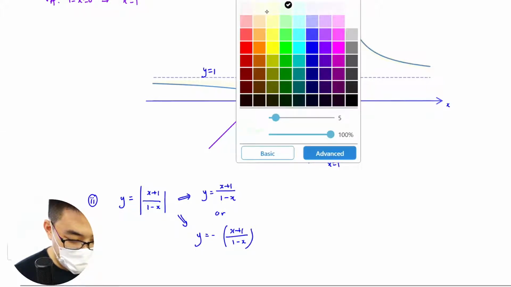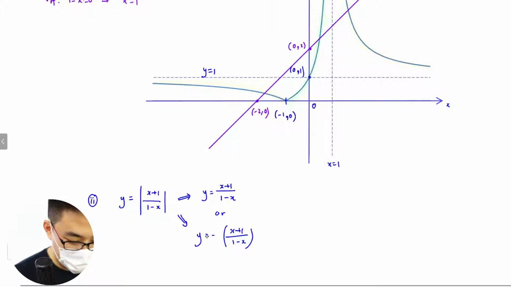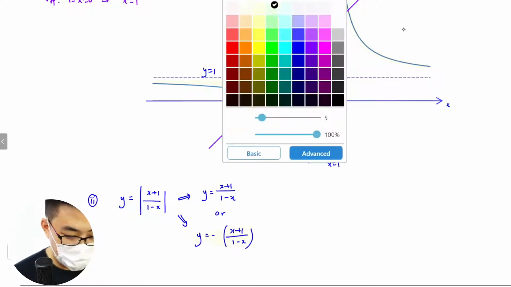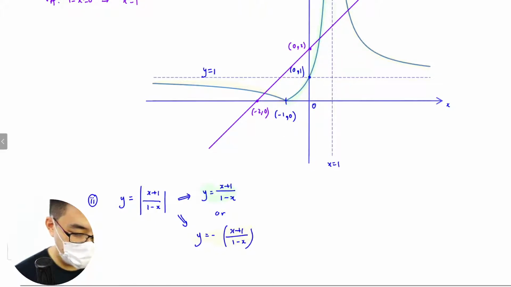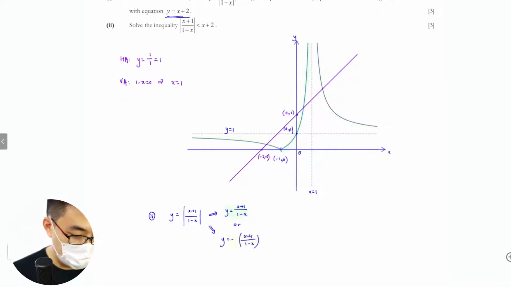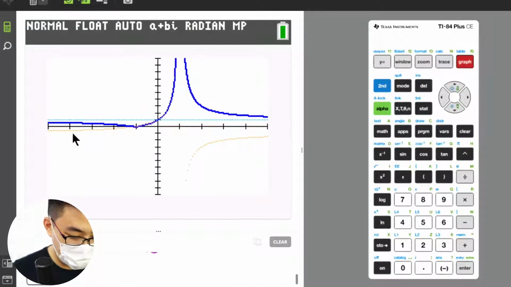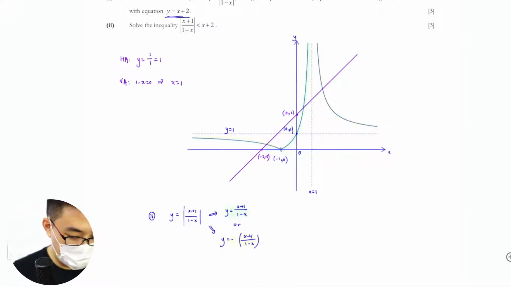The one that is being flipped up would take the negative, which is this equation here. Then the one that is not being flipped up will be the positive one. That is the easiest way to know. Okay, so you just look at this one. This is being flipped up. They're not flipped up.